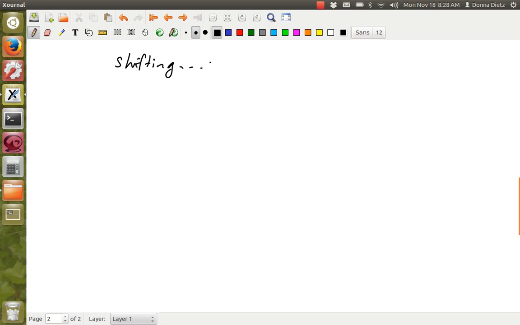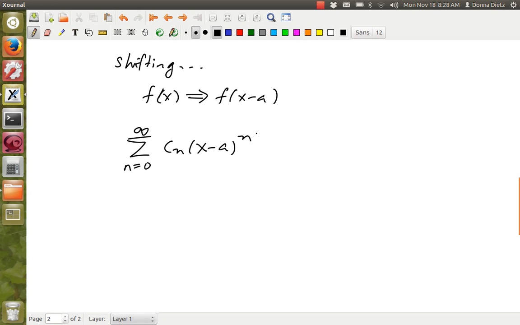Okay, shifting power series. This can be shifted, but you have to deal with the algebra. So for example, we just want a different, we're shifting the origin in a sense, the center. We call it the center, but it's the role that the origin often plays. We now call this centered.